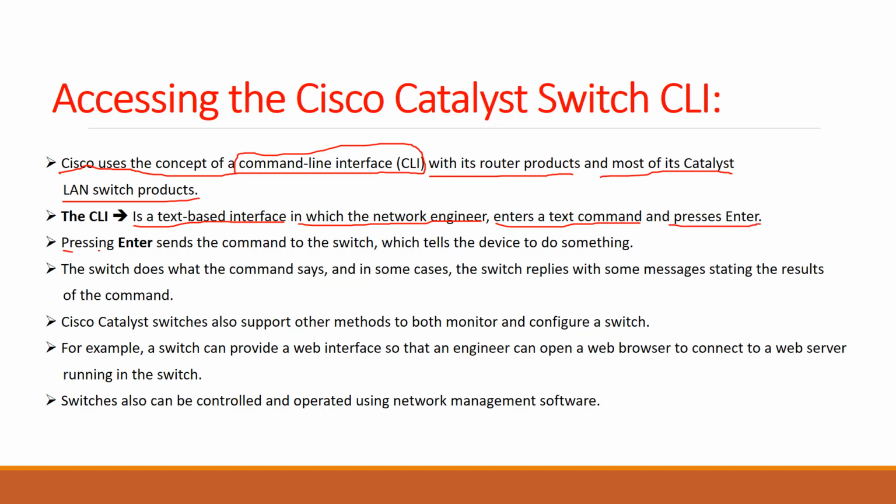Pressing enter sends the command to the switch, which tells the device to do something. It is like giving a command or an order to the switch to do something. This is accomplished by entering a text and pressing enter, and this will go to the switch as a command.